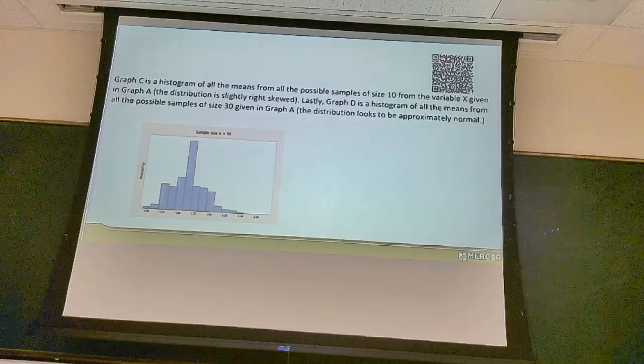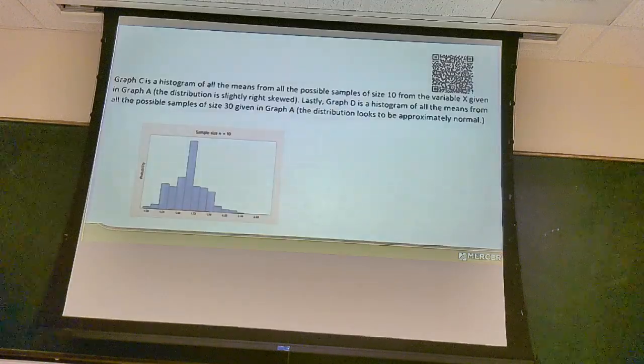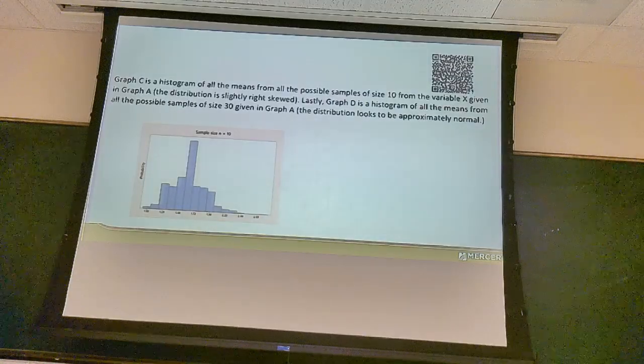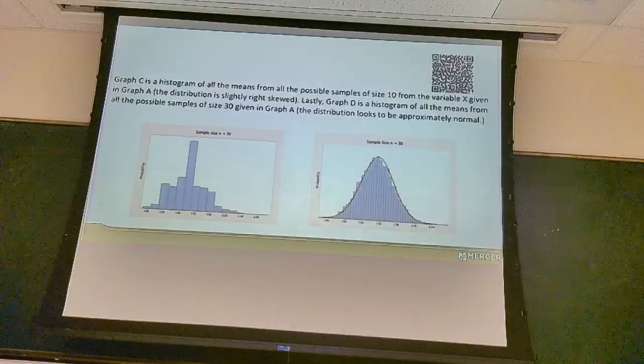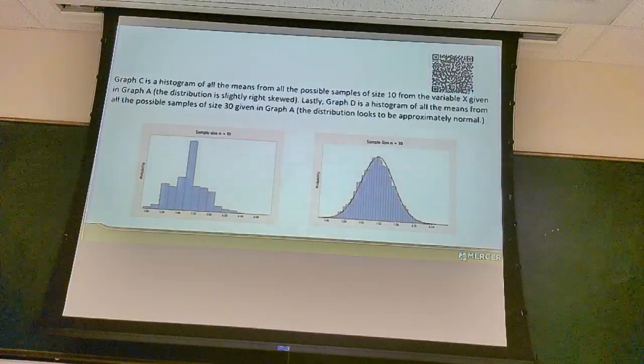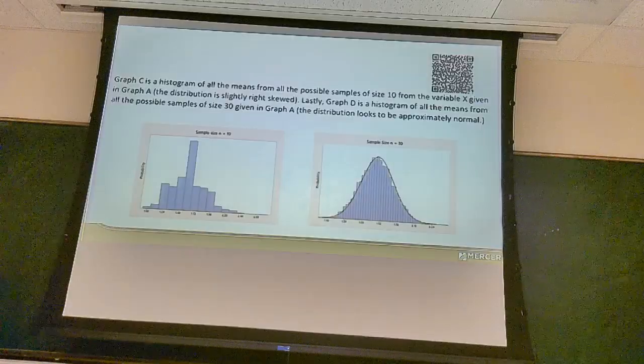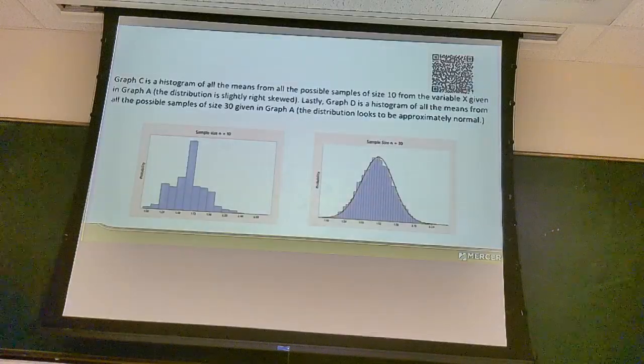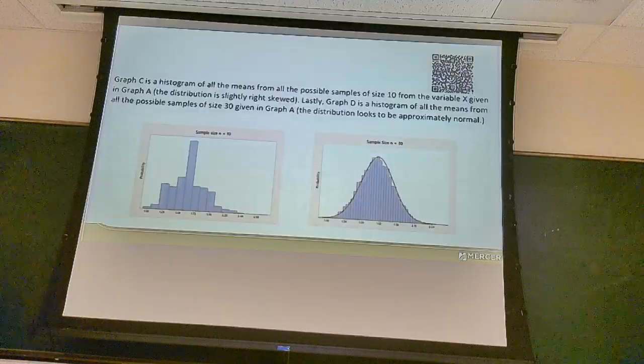Now let's increase the sample size to 30. That's pretty close. So it's safe to assume normality.